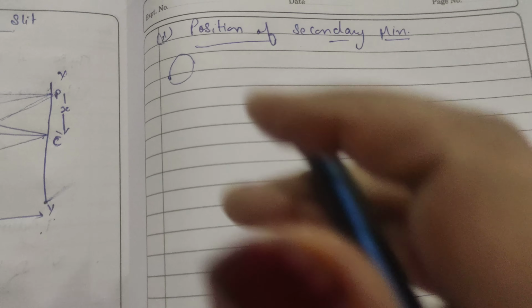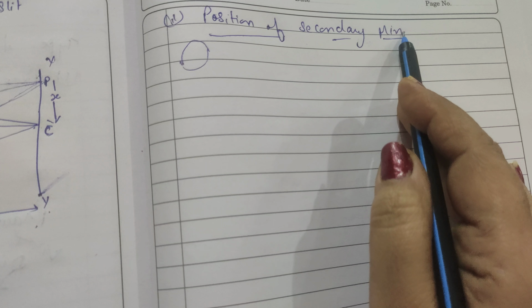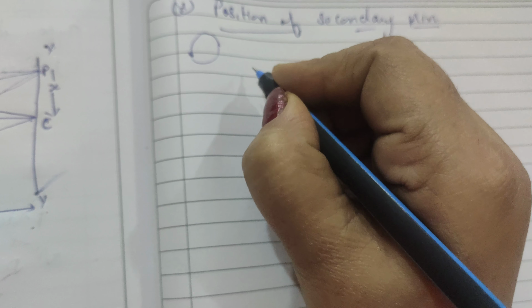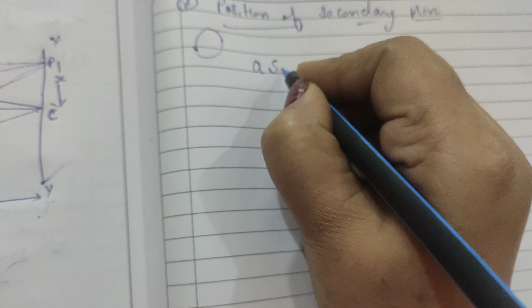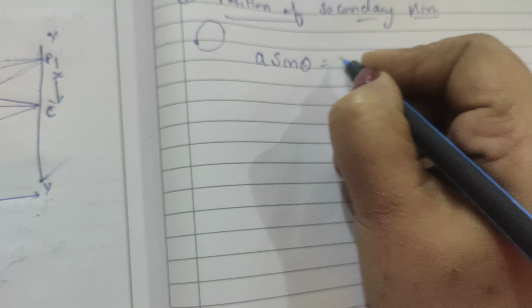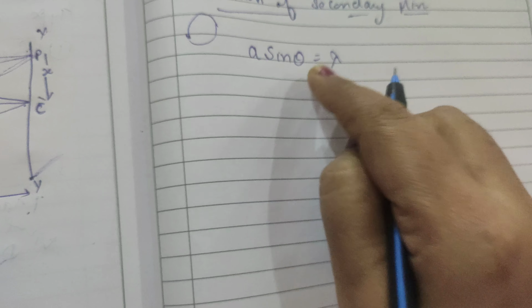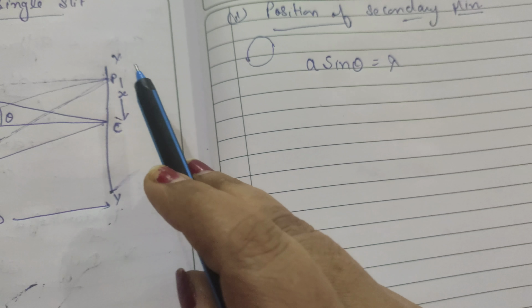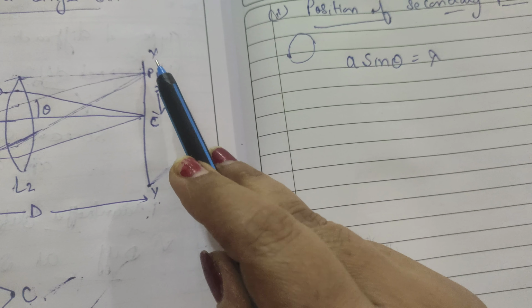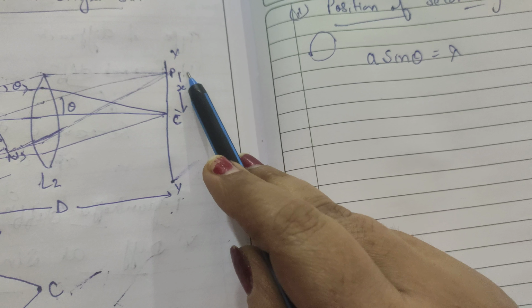So accordingly we can get the position of the secondary minimum. It is found that when the path difference a sin theta is equal to lambda, this position corresponds to the first secondary minimum.